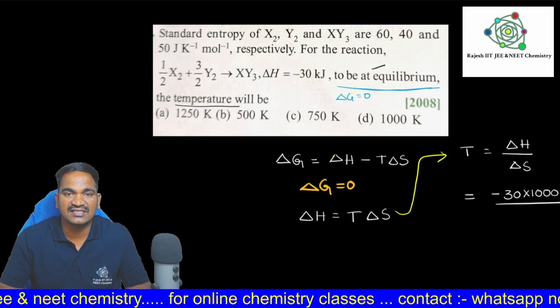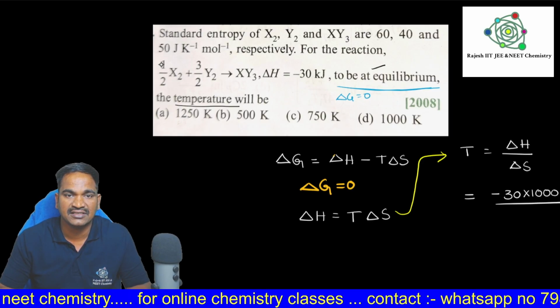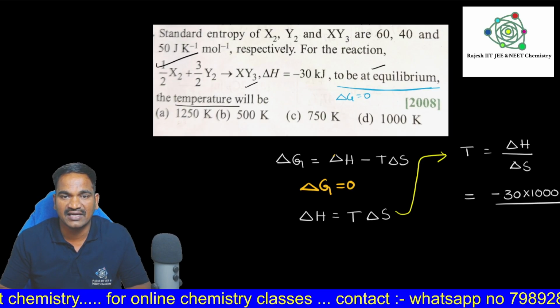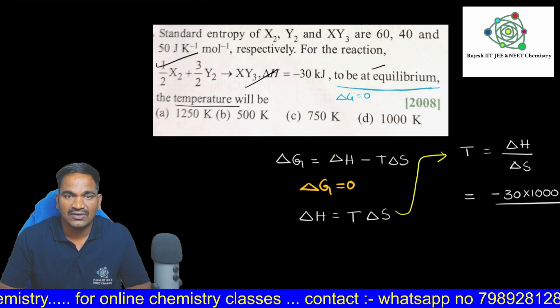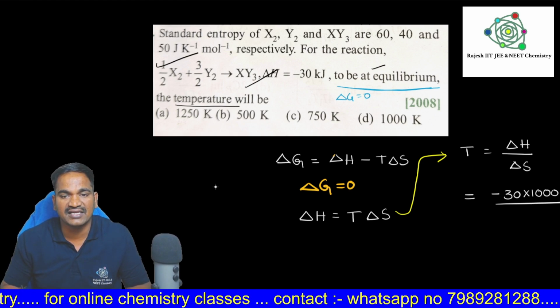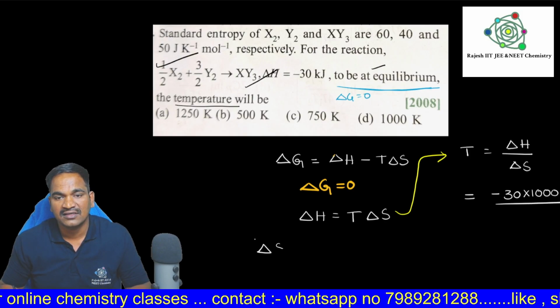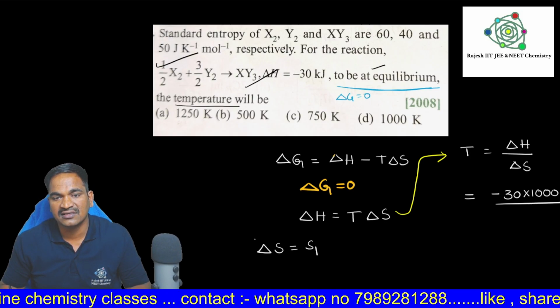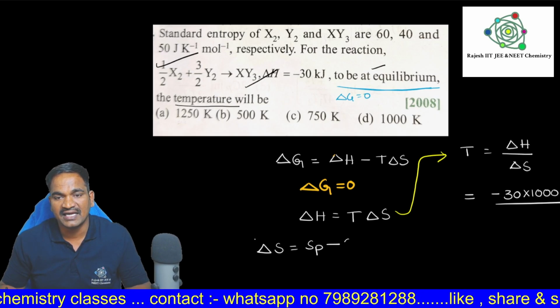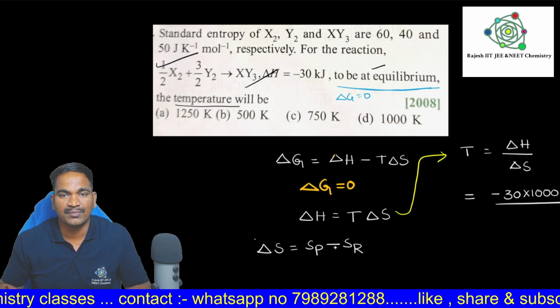the delta S value. For this equation we need to calculate the delta S value. Okay, so what is the delta S formula? Delta S is equal to products entropy minus reactants entropy.